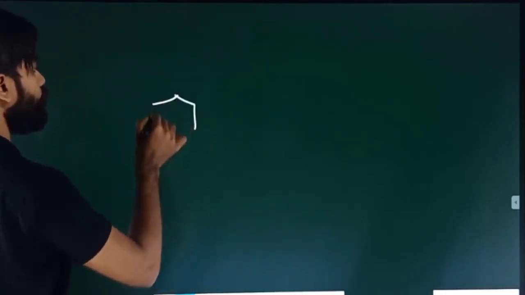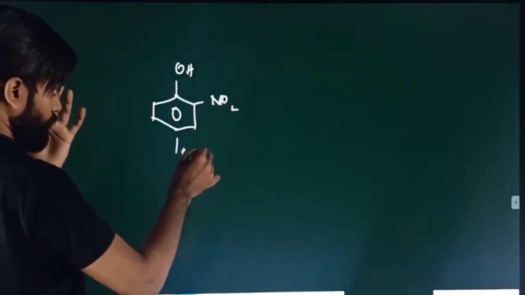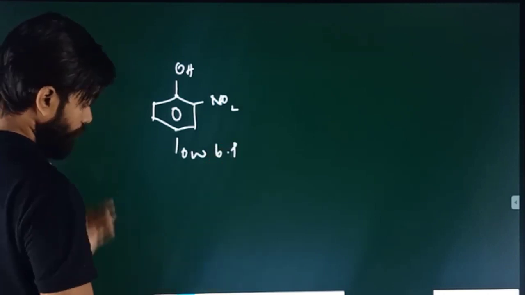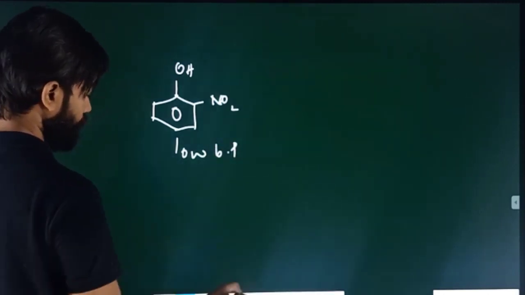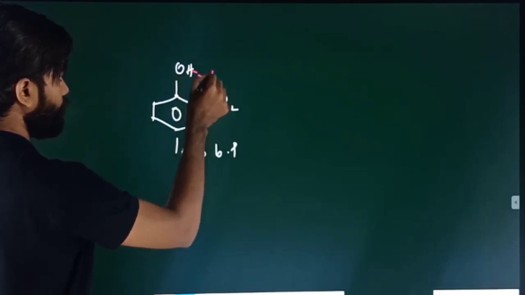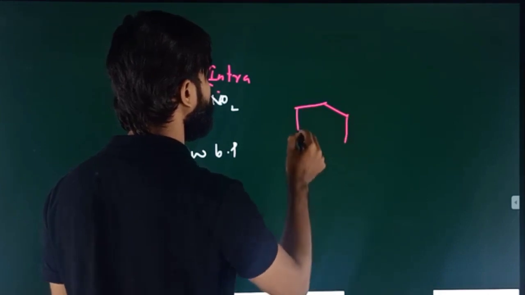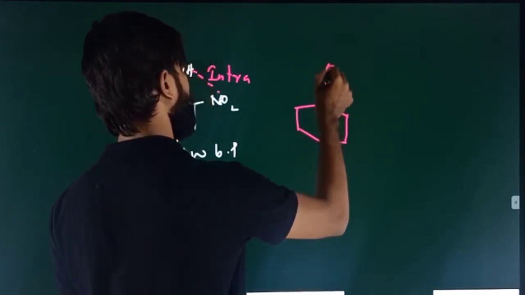Now the mixture of orthonitrophenol and paranitrophenol. Orthonitrophenol has a low boiling point because in orthonitrophenol there is intramolecular hydrogen bonding, but in paranitrophenol there is intermolecular hydrogen bonding.